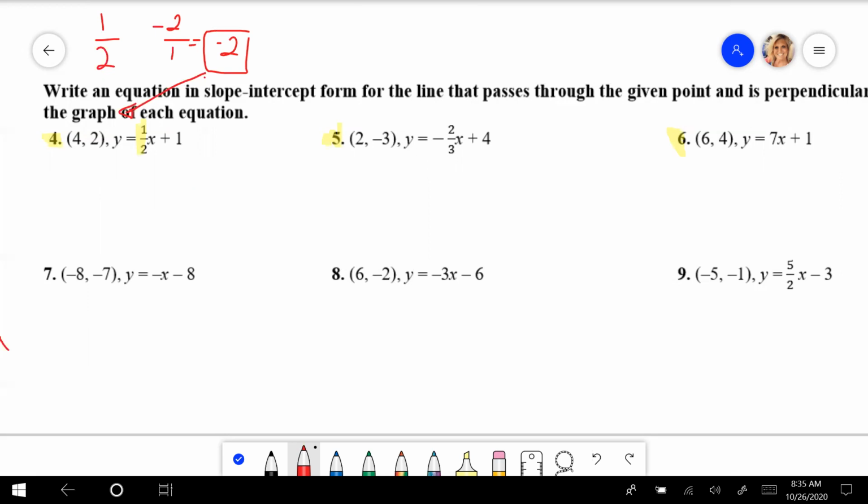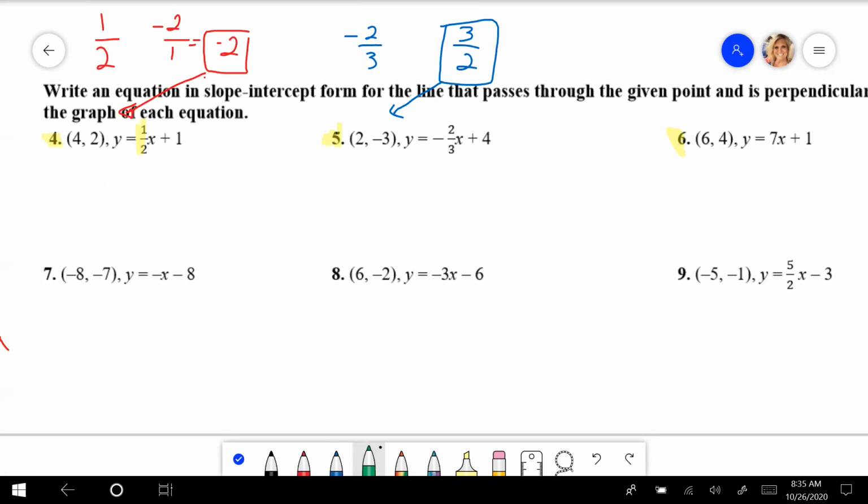That's going to be for this problem down here. Try and do number 5 and 6. On number 5, instead of -2/3, I'm going to flip it over. So it's 3/2. Instead of negative, it's going to be positive. There's my new slope. So I'm going to use this slope and this point.